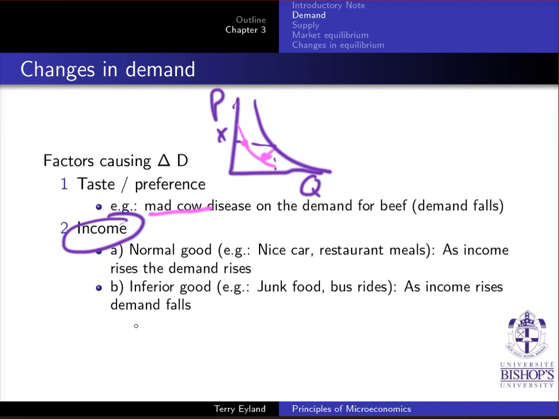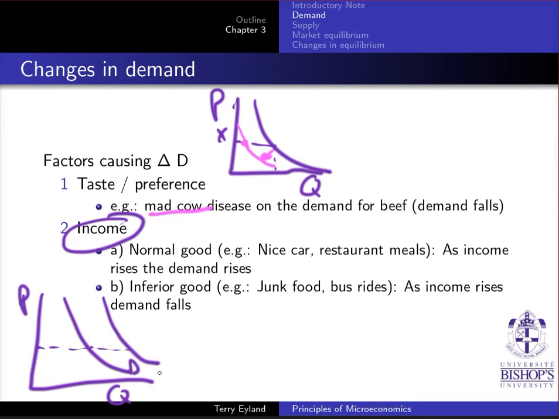Therefore, certain things such as nice cars, restaurant meals, fancy electronic equipment and things like that have seen a rise in demand as my income has risen. So even though a specific product's price has not changed, all of a sudden I could have a situation where the demand is now greater at that same price.